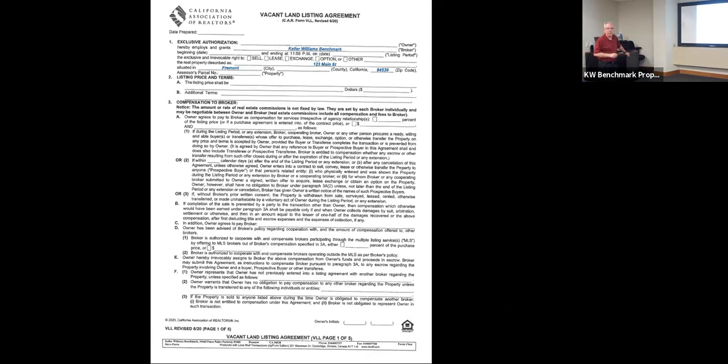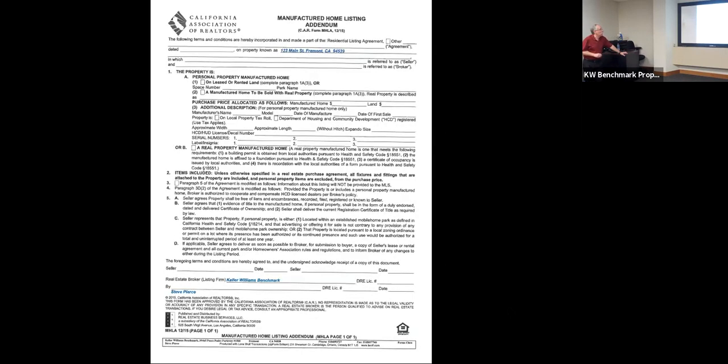Now, if you're going to list vacant land, we've got a vacant land listing agreement. Residential agent, residential land. Commercial agent, commercial land. If you're a residential agent and you're going to list vacant land, this is the agreement. If you're going to list a manufactured home, that could be a mobile home, that could be a manufactured home. You could have a mobile home in a mobile home park.